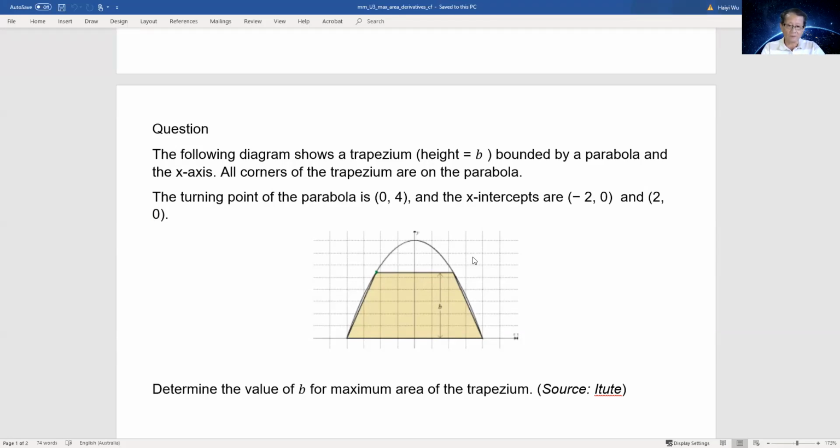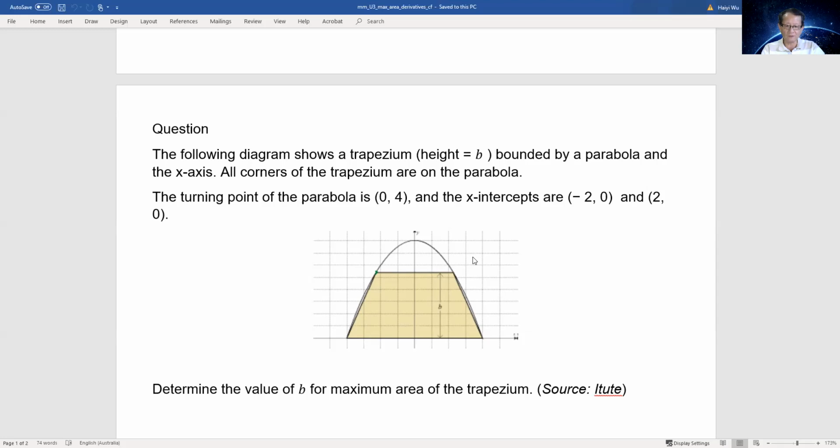This diagram again shows a parabola with a trapezium built inside. The trapezium's four corners are sitting on the parabola, and the shaded area is the area of the trapezoid.